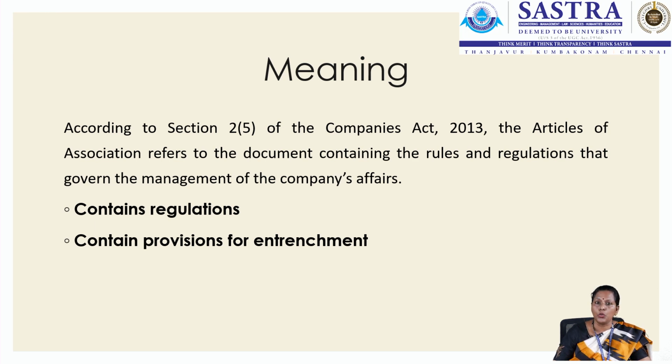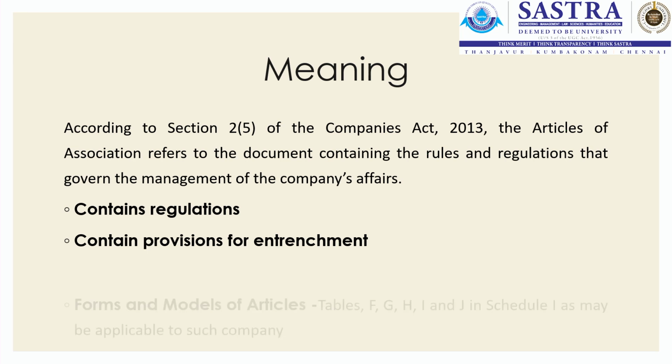So after getting the approval from all the members in the case of a private company, and from 75% or more of the members in the case of a public company, the company has to give the notice to the registrar of companies about this entrenchment. So this is important. These procedures have to be followed by the company.